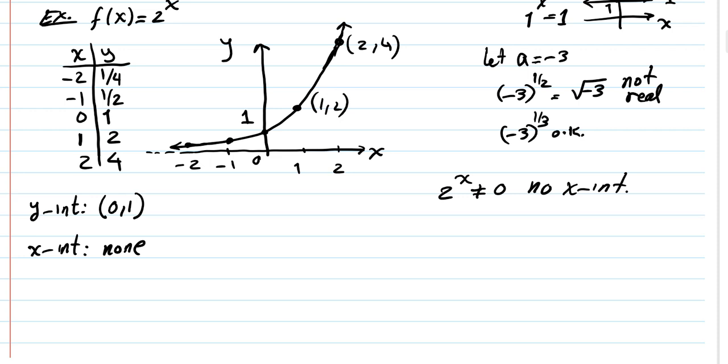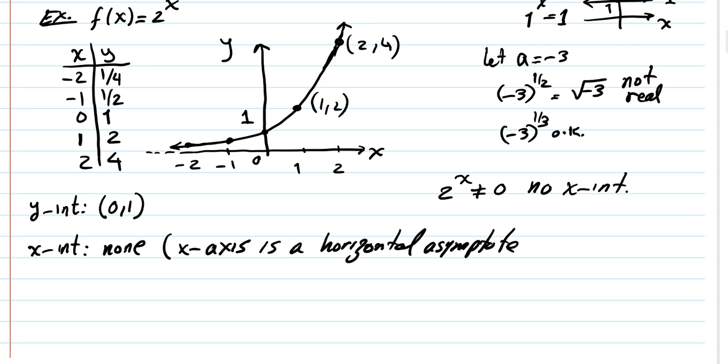And this floor here, the x-axis in this case, is called an asymptote. The x-axis is what we call a horizontal asymptote. We talked about these before when we graphed polynomial and rational functions. Remember, we talked about horizontal, vertical, and slant asymptotes. So that's what this is. It's a horizontal asymptote of the graph.